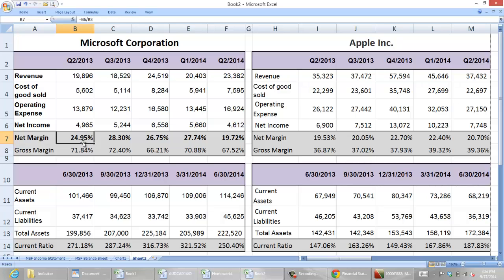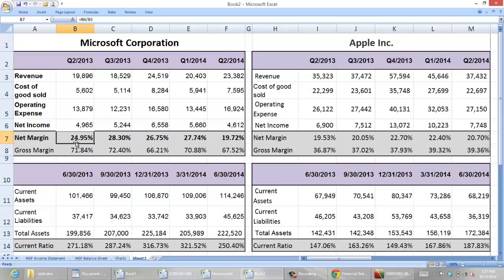There are different ways to interpret it, but the easiest way is that out of $1 of sales, Microsoft gets back net 24.95 cents, or 24.95%, right? Of course, the net profit margin tells you something: for $1 of sales, Microsoft gets 24.95 cents in net profit. So it has some meaning.